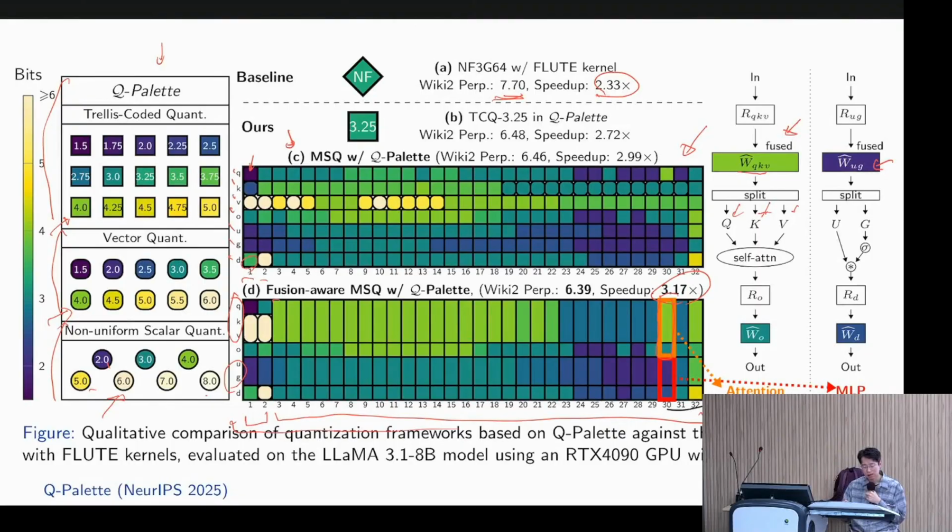So the space of optimization is really, really large, not just how many bits to use throughout. You can do it much better: allocate which bit to which of the matrices in which layer, which type of quantizer, and whether you fuse the matrix multiplies or not. All of these are the space of optimization.